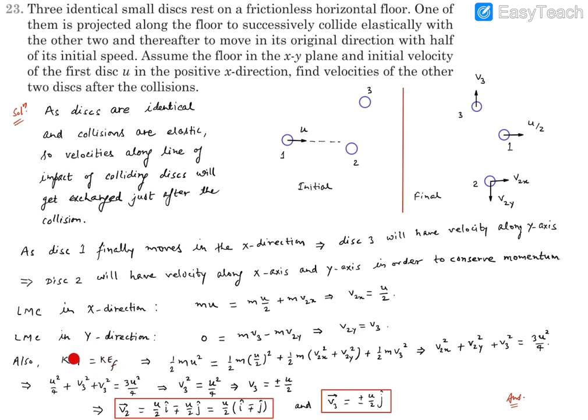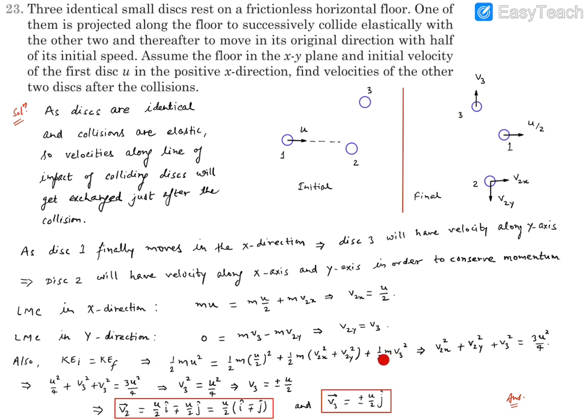Initially, kinetic energy is going to be half mu square only for the first object, and finally this one will have half m (u by 2) whole square, 2 will have half m (v2x square plus v2y square). I'm writing directly, otherwise you write the square root of this and then square it, so the square root will get cancelled out. And then the third will have half m v3 square.